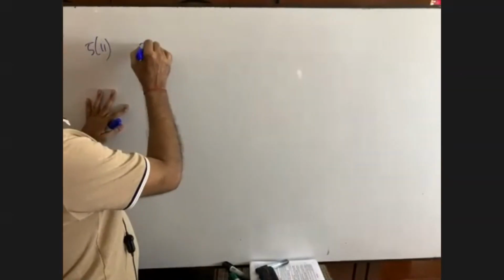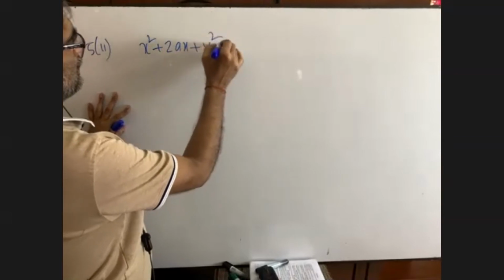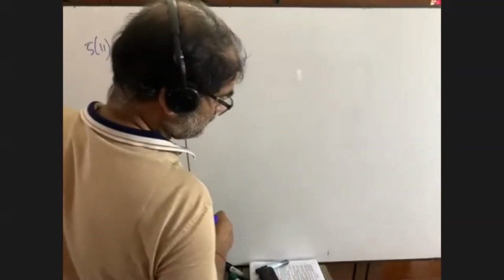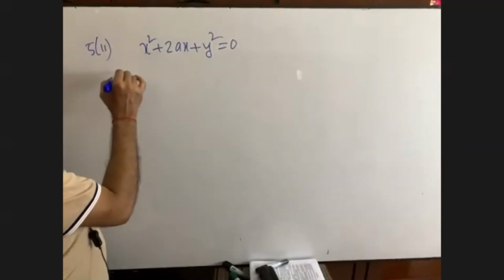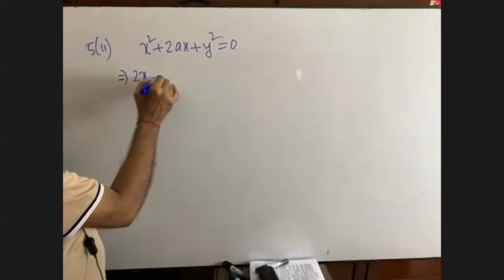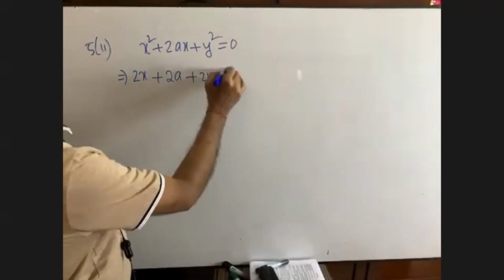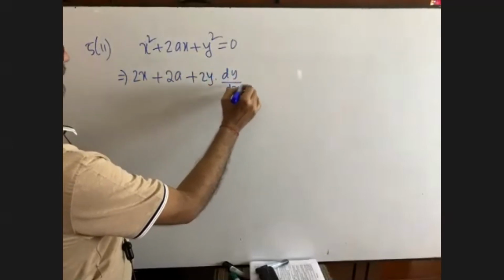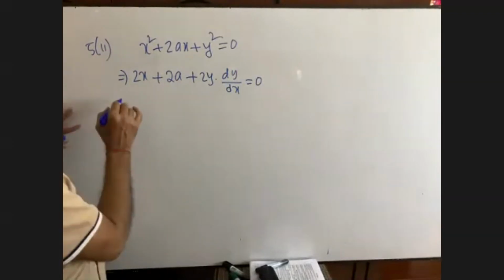5.2: x square plus 2ax plus y square equals 0. Important math. Find dy by dx. 2x plus 2a plus 2y dy by dx equals 0. Right? So we can omit all 2's.